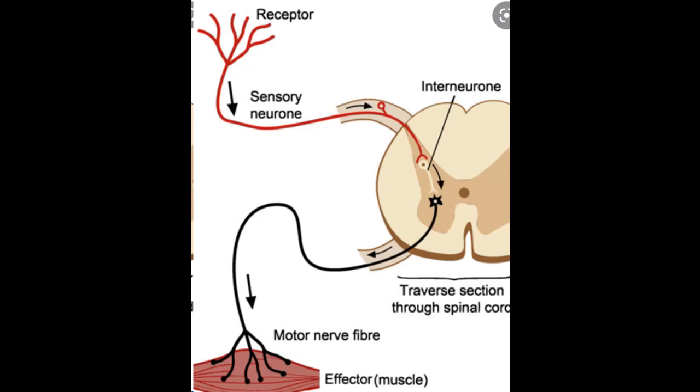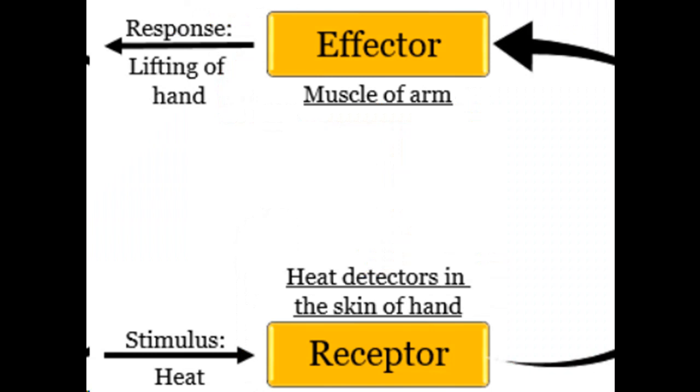The skin taking this information to the brain and the brain sending information to the effector organs all happen automatically. You are not controlling it, you are not voluntarily doing it. It happens without your knowledge, naturally. This is called an involuntary action. You can even call it a reflex action.